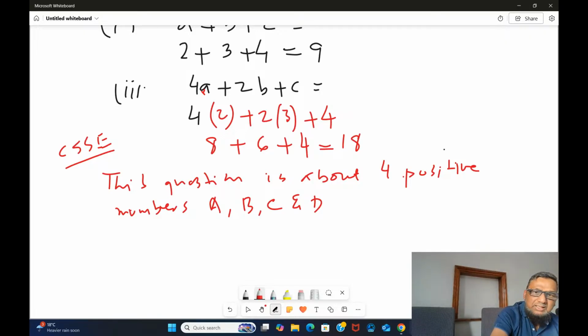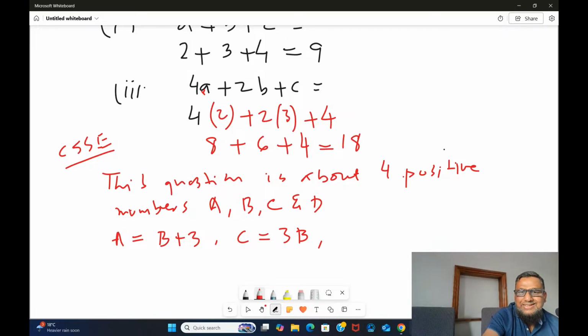They said a equals b plus 3, c equals 3b, and d equals b squared. This question was assessed, I think, 2 years ago. So a equals b plus 3, c equals 3b, and d equals b squared.